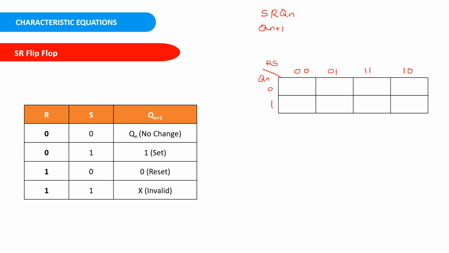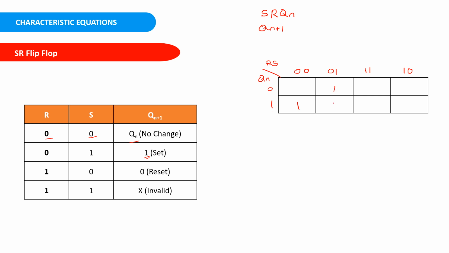Now when RS is 0 0, Qn plus 1 is Qn. So whatever the value of Qn, that will be Qn plus 1. So for 0 0, you mark 1 here because Qn is 1. Next, when R and S are 0 1, irrespective of the previous state, the output will be 1.